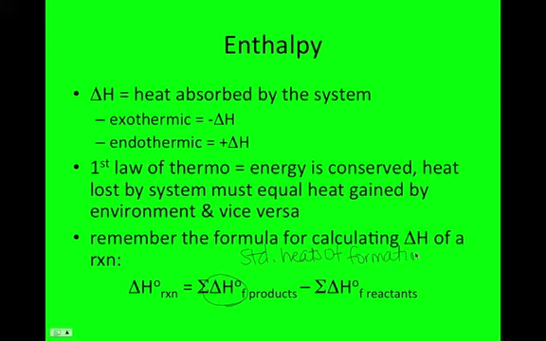And that will inevitably list hundreds of results. Just pick one. They're all pretty much the same. And then you just simply set up this very simple addition and subtraction problem to find the delta H of a particular reaction.